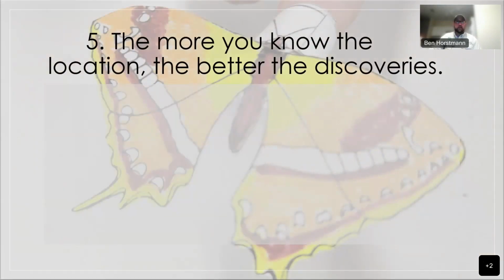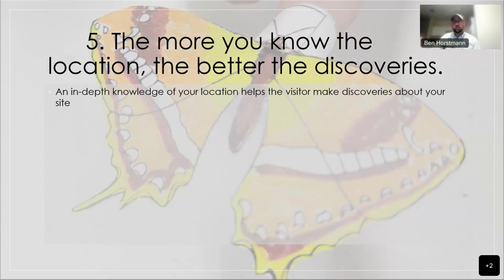Okay, number 5, the more you know the location, the better the discoveries. And so this is really about you knowing your resources. You are going to be out there learning this stuff as you do this roving, and you're going to learn from the questions that come in. So it's important for you to have an in-depth knowledge that helps visitors make discoveries, but the learning is from you as well, right?